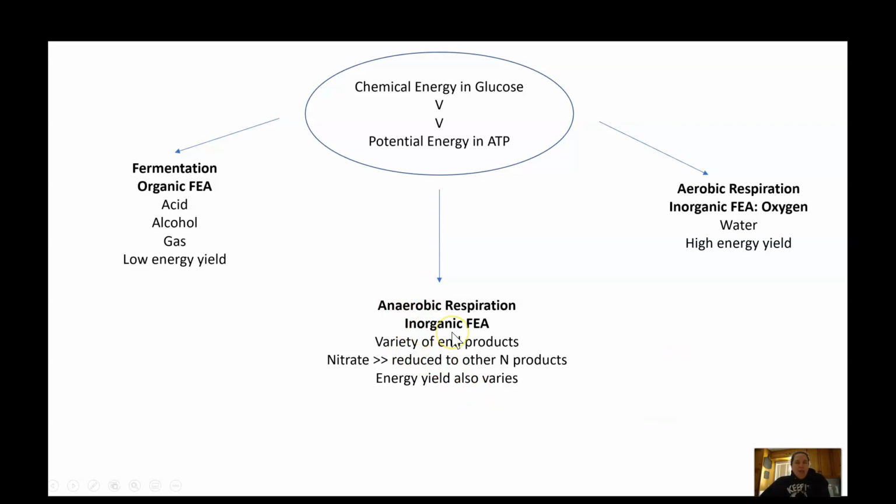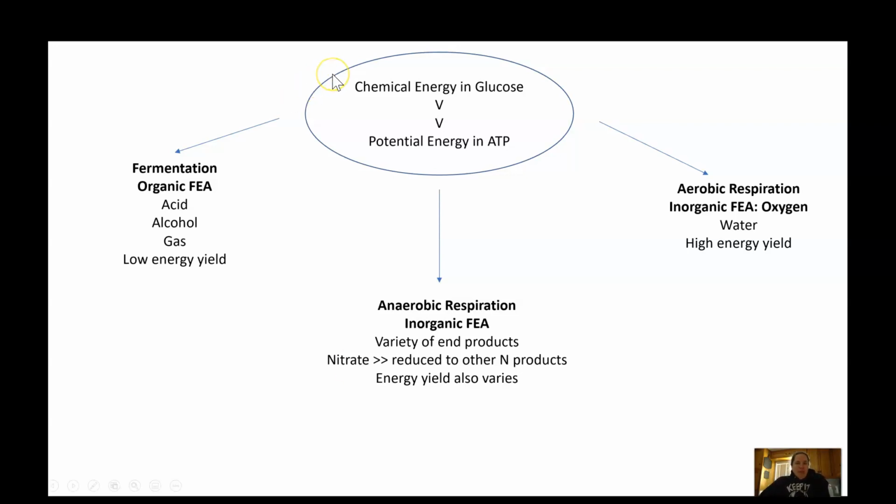That final electron acceptor can be a variety of molecules. One example is nitrate. This is the example that we're going to look at this week. Nitrate can be reduced to other nitrogen-containing end products. And as you can imagine, the energy yield of anaerobic respiration varies depending on what that final electron acceptor is and the pathway that the bacteria use to get there.